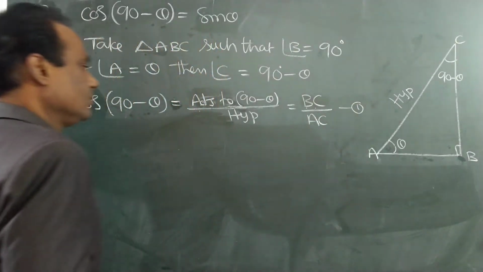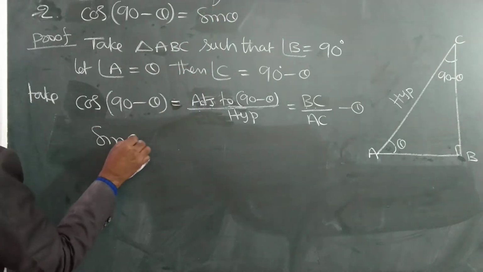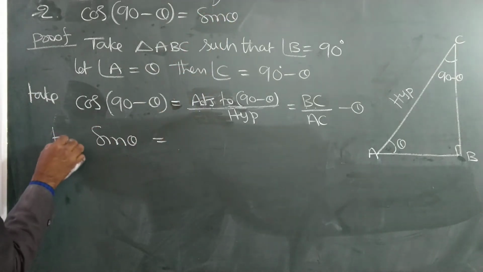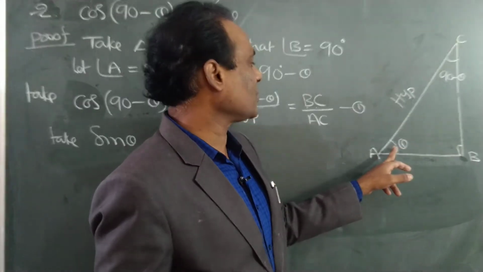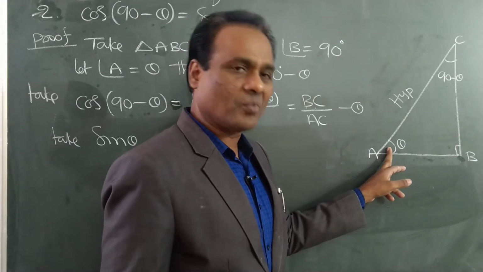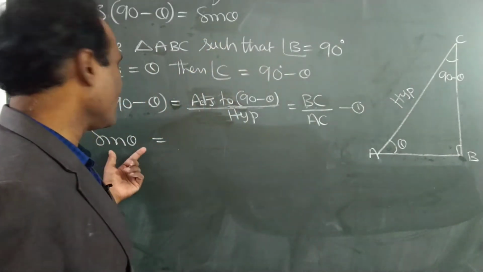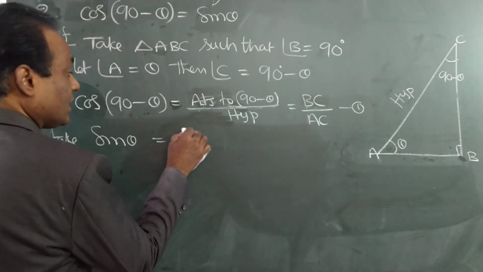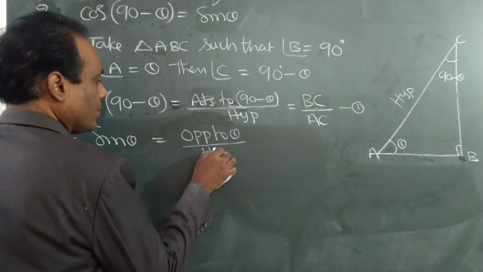Leave it. Now I am taking the right side, sine. Forget about this angle. Now we came to our original angle. In most cases we take this angle only. What is the sine definition? Opposite by hypotenuse.